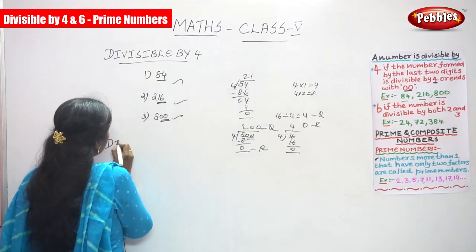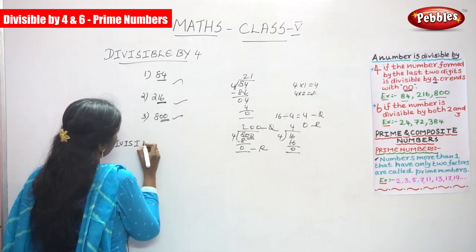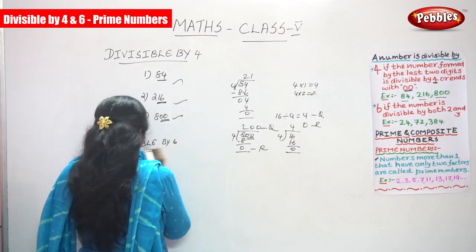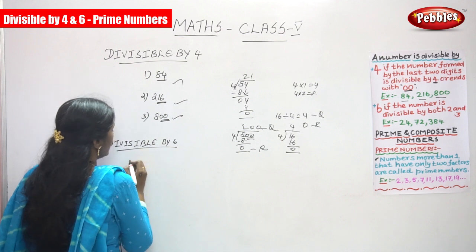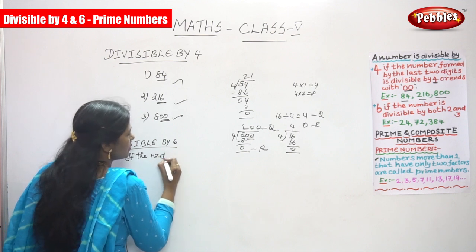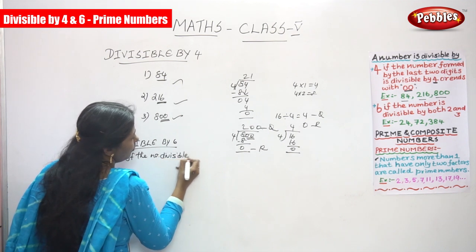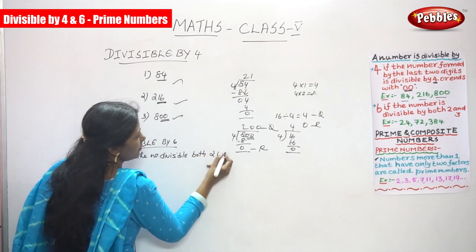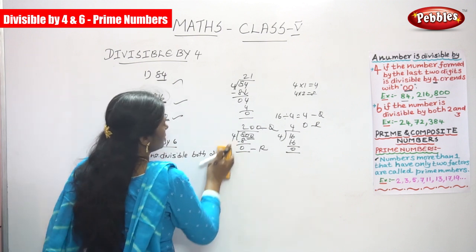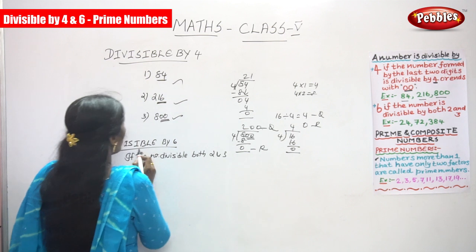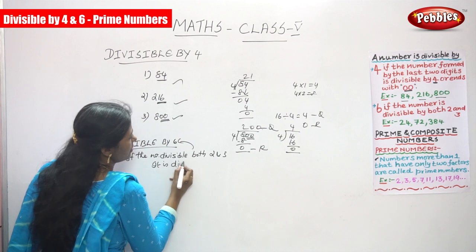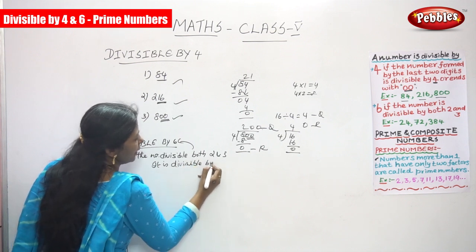Next is divisible by 6. The rule is, if the number is divisible by both 2 and 3, automatically it is divisible by 6.